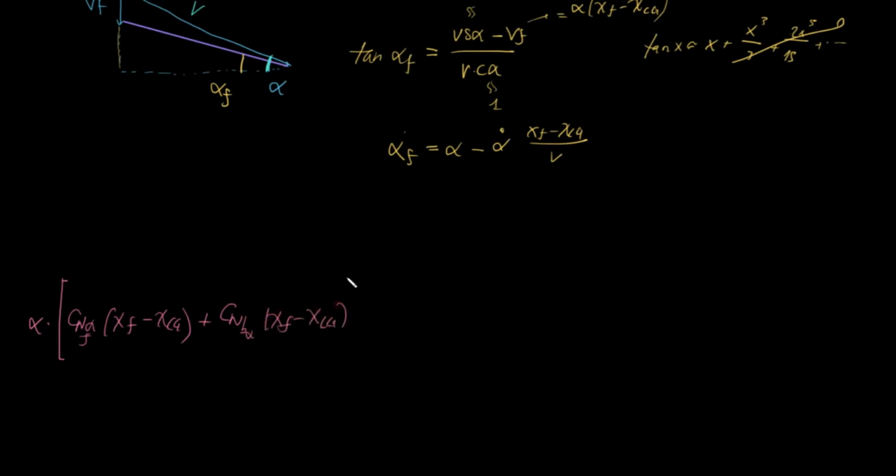So we have the zero order terms that go with alpha, times the terms that go with the first derivative. We're just substituting this again in our old equation.